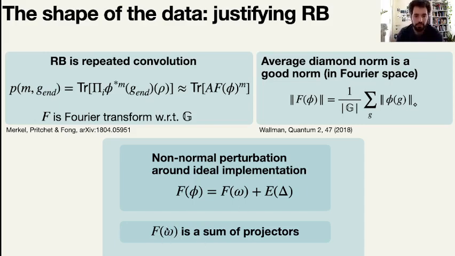So f omega is a sum of orthogonal projectors of a fixed rank. And f phi is a perturbation of that, which means that generically f phi has a few very large eigenvalues and then a whole bunch of really small ones. And if you take an m-fold power, these really small ones are just going to disappear.